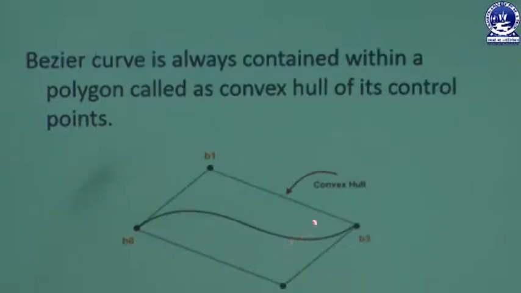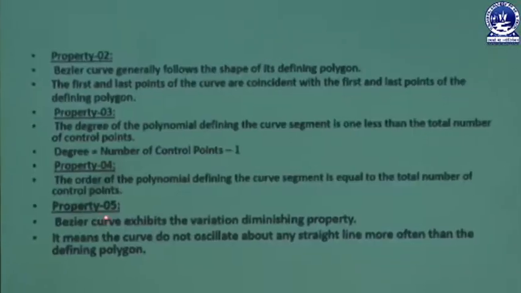If this figure contains 4 control points, then the order is 4. But when we calculate the degree, the degree equals the number of control points minus 1. That means degree equals 3, order equals 4. Okay. Now we go to our next property.